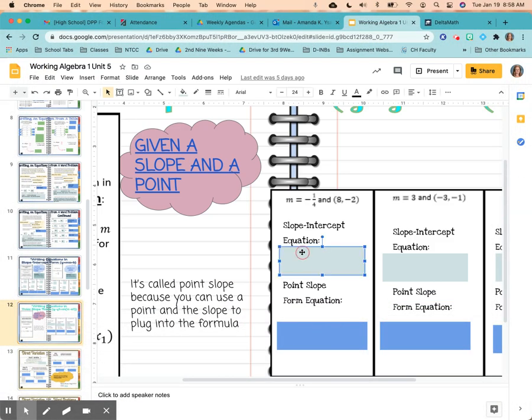Okay, so let's look on here and we can fill in what we have. So the slope-intercept equation is the one that says mx plus b. So your slope-intercept equation is just y equals negative 1/4 x.